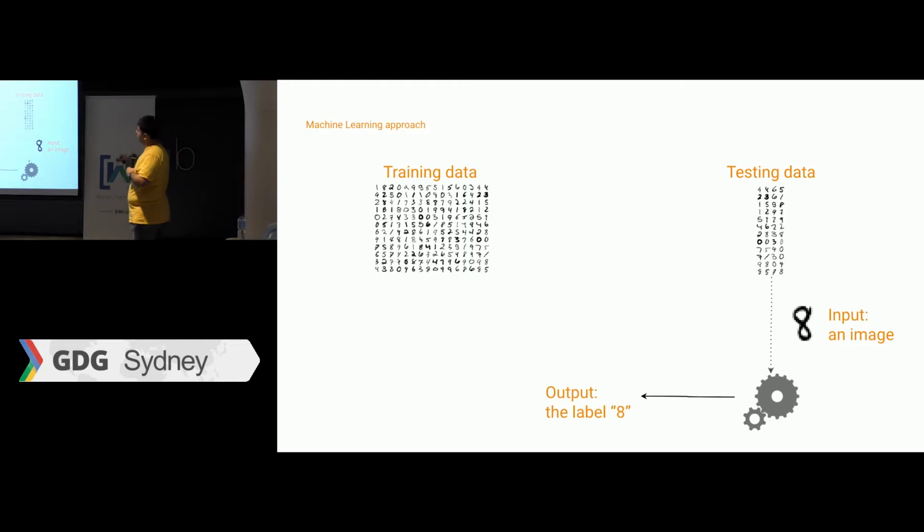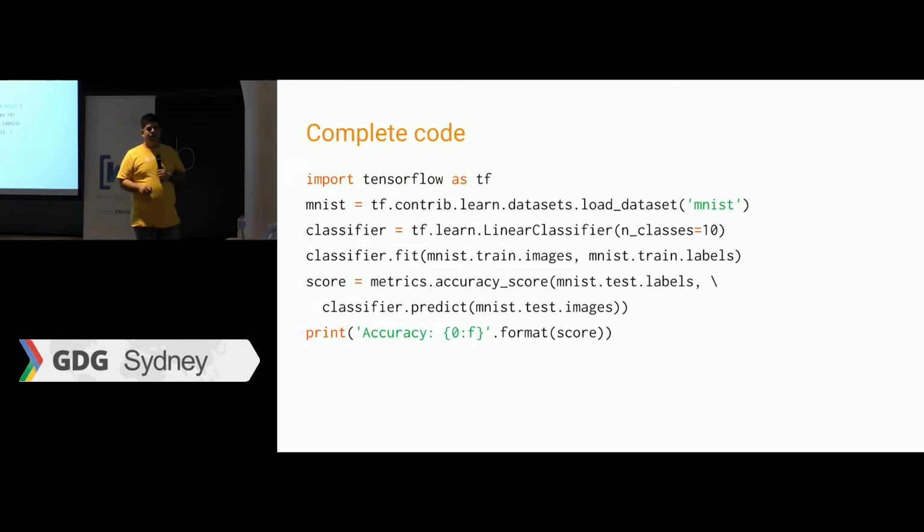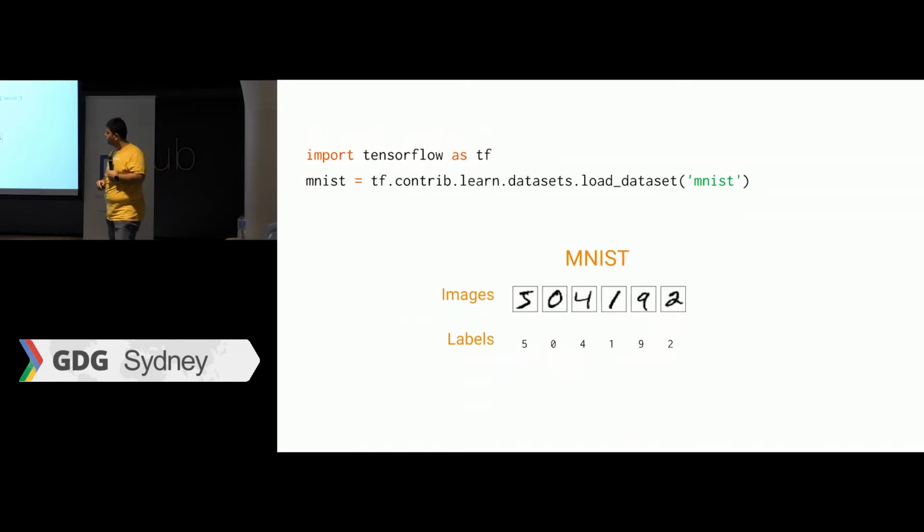Then with the test data, we'll input each of those digits through our trained model, and it's going to tell us what it thinks each one is. At the end of the day, we're going to have 6 lines of Python that give us the solution, and I'm going to walk you through what these 6 lines do.